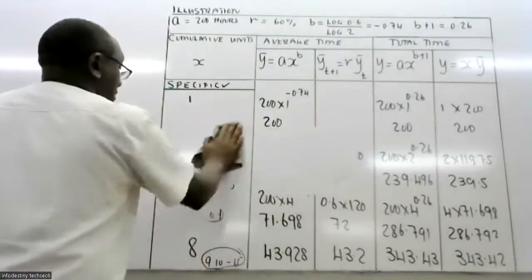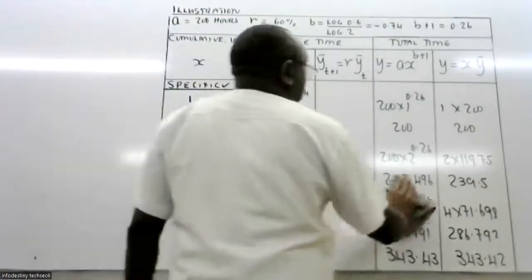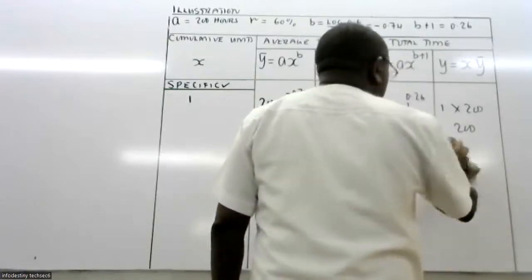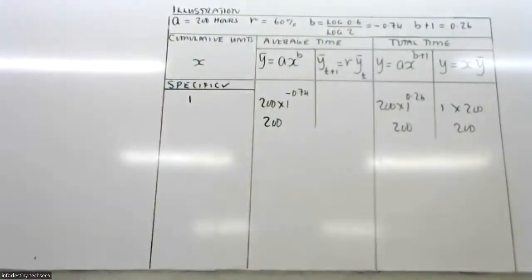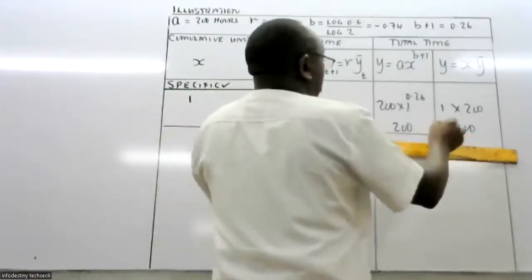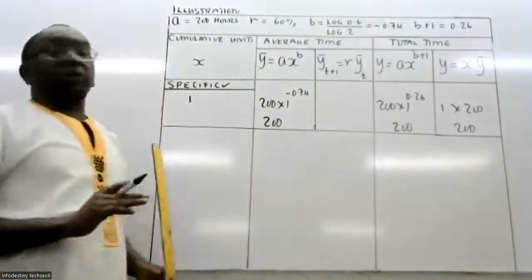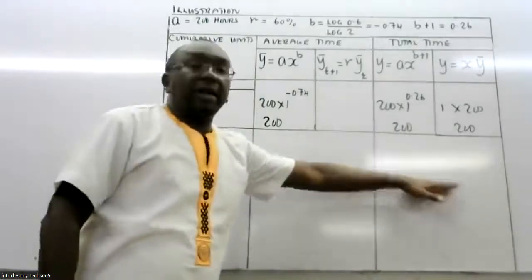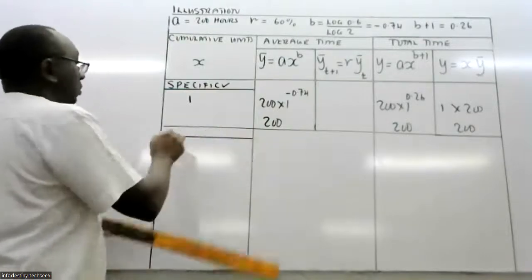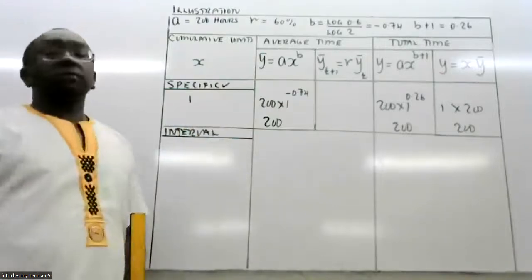Let me modify the one how to go about it. So now going down, this one goes down alone and this one alone. So here inside it is finished. Now we are doing the interval.